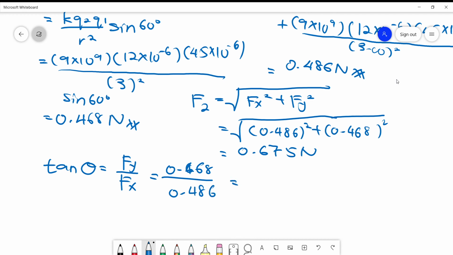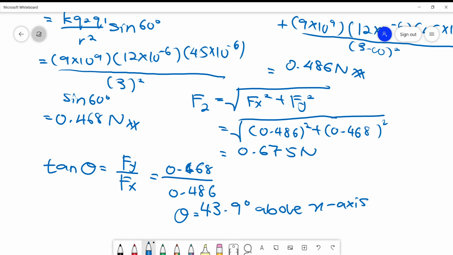So okay, so my theta basically is 0.468 divided by 0.486. So this is 43.9 degree above x-axis.